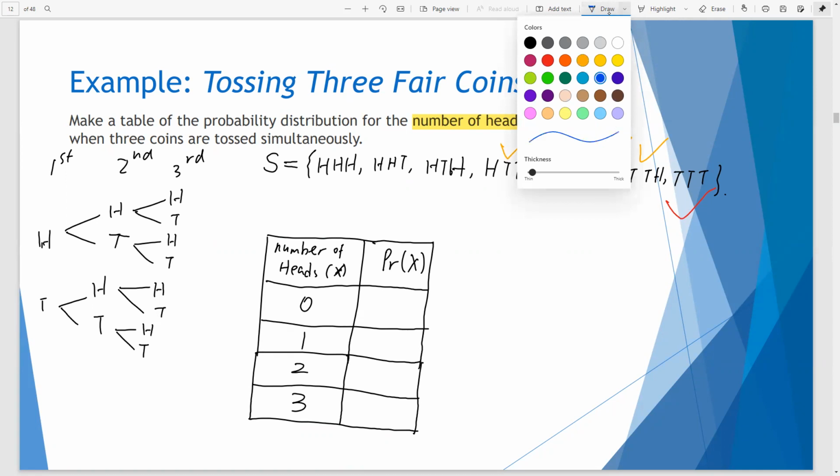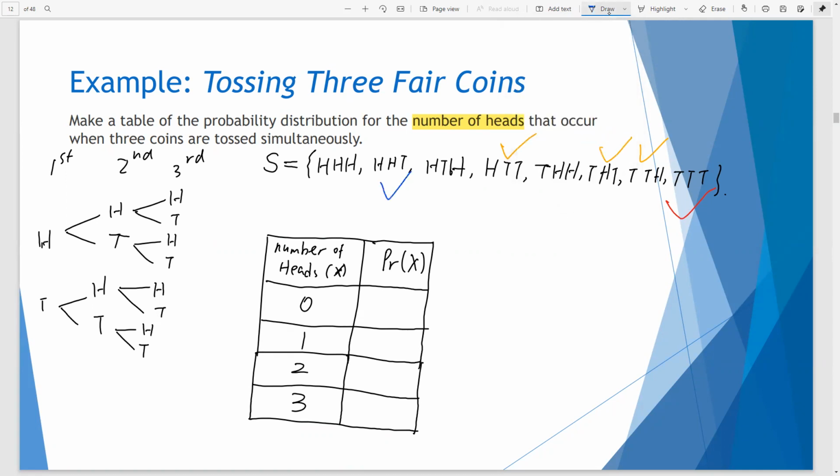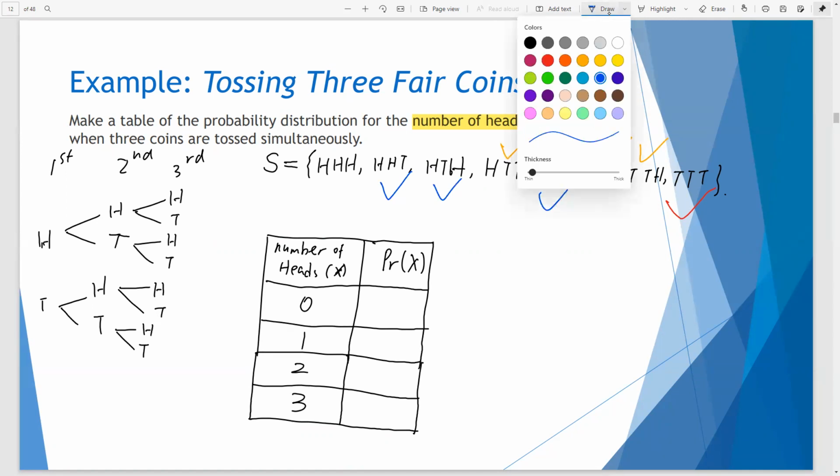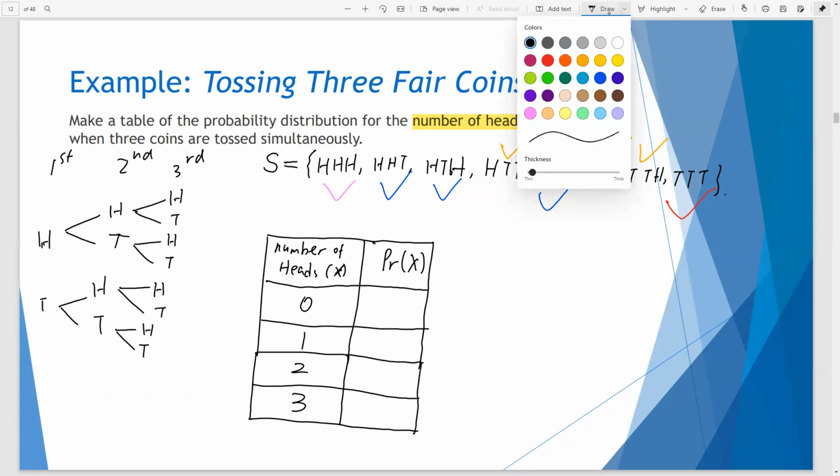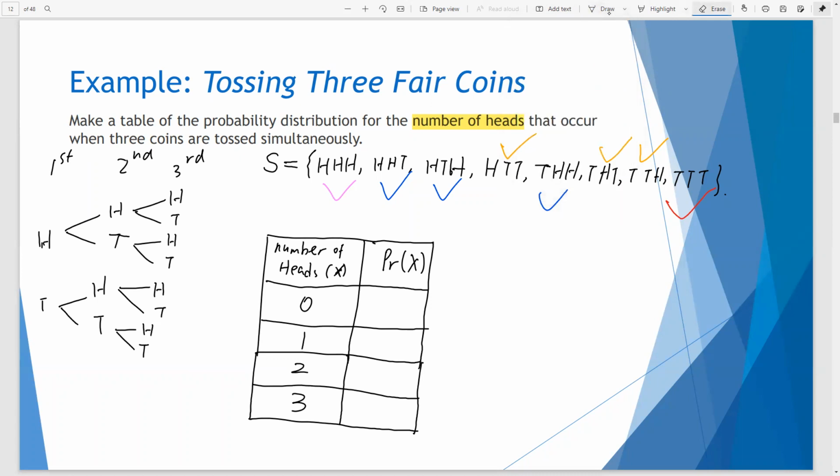For 2 heads, we have 2 heads, 1 tail; 2 heads, 1 tail; and tail, head, head. And the last one, we have all 3 heads. I use different colors, hopefully you can see it. All 3 tails means... let me use a different color.